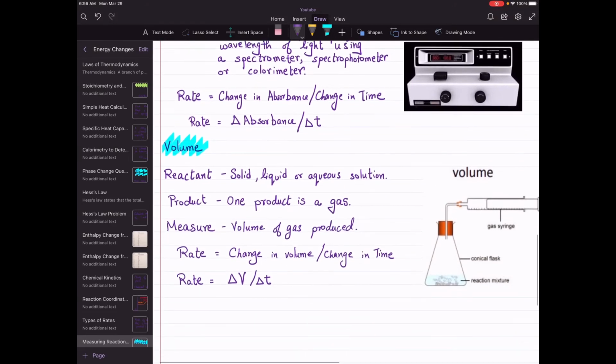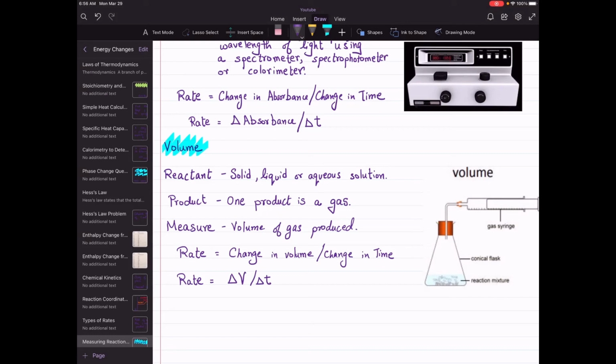The last one we have here is volume. Okay, so the volume. So in this case, the reactant is either solid, liquid, or an aqueous solution. And a product, at least, again, one product has to be a gas. And what we need to do is measure the volume of the gas produced by the reaction.